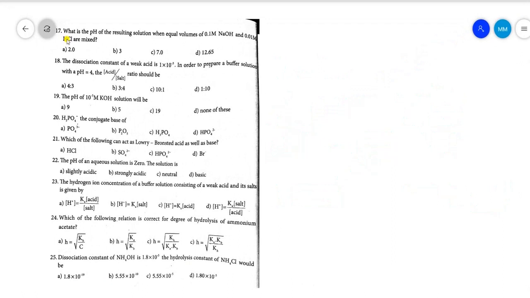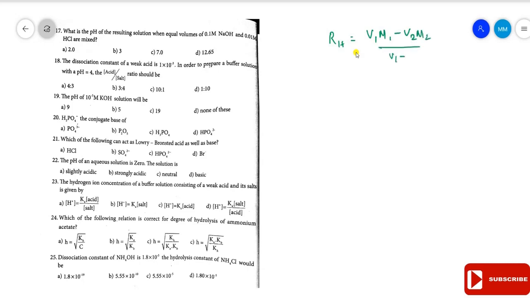17th question. What is the pH of the resulting solution when equal volumes of 0.1 M sodium hydroxide and 0.01 M HCl are mixed? The resulting mixture molarity is equal to the formula (V1M1 minus V2M2) divided by (V1 plus V2).